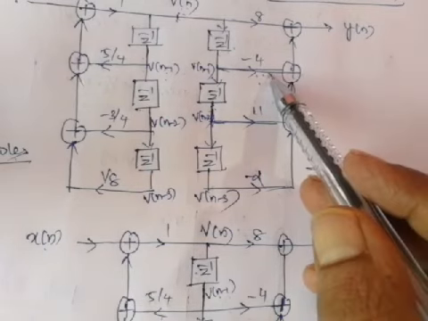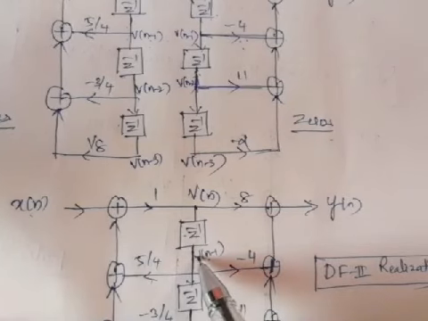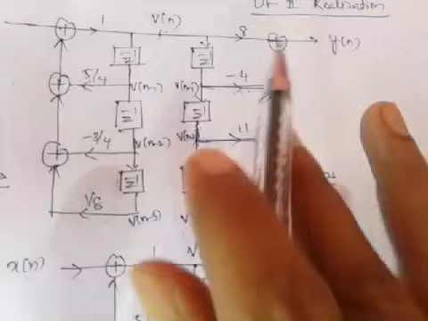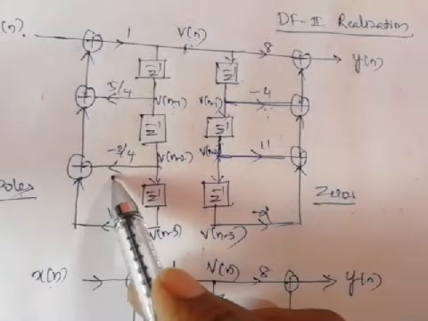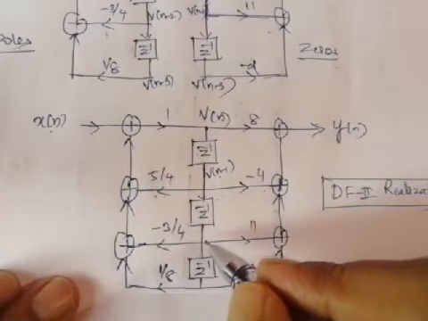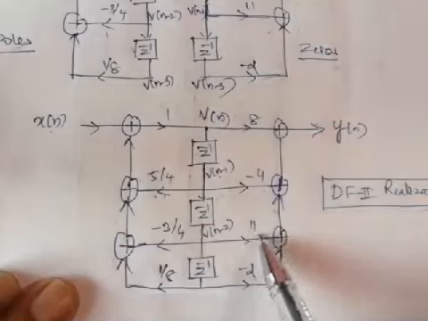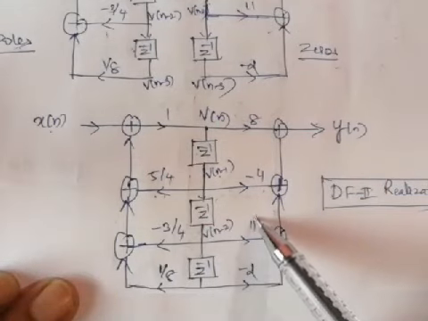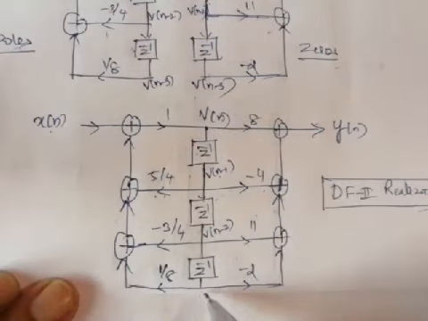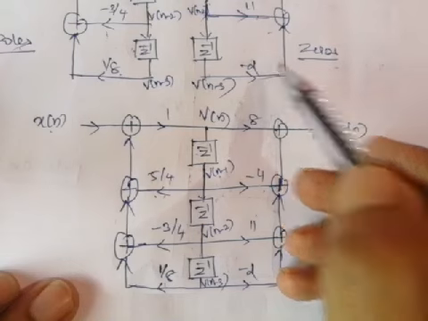In the zero system, the coefficient term is minus 4. Similarly, for the second time delay, v of n minus 2, coefficient term is minus 3 by 4 for the poles and 11 for the zeros. Same thing for the thrice delay, v of n minus 3, coefficient terms are 1 by 8 for the poles and minus 2 for the zero system.